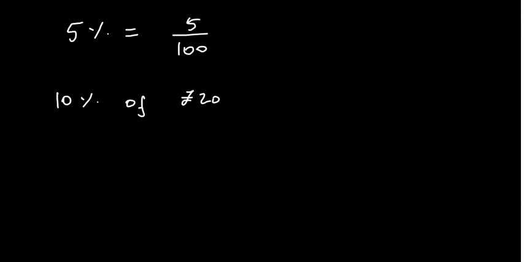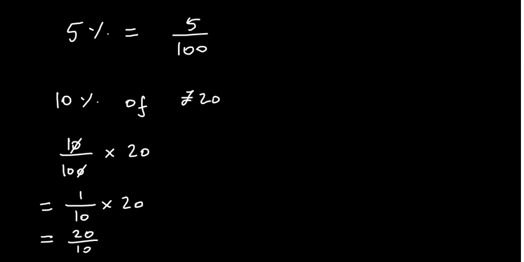So 10% of £20 would be 10 over 100, times 20. That becomes 1 over 10 times 20, and that would become 20 over 10, which is just £2.